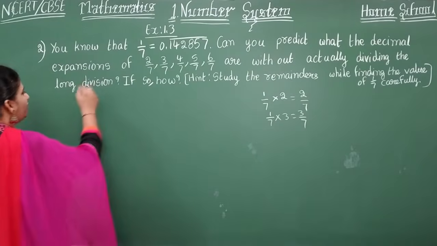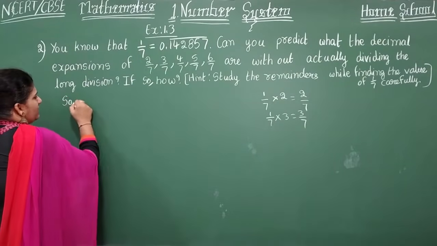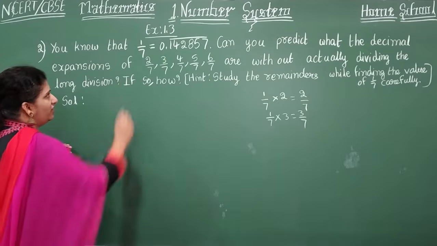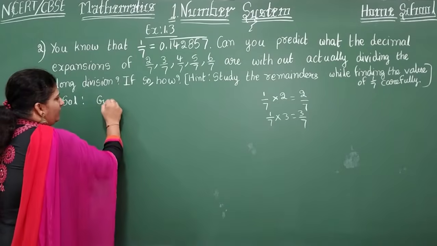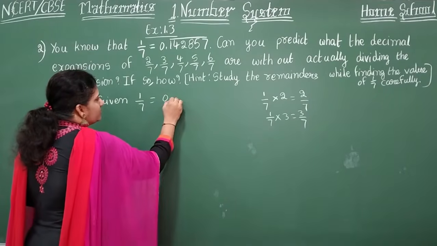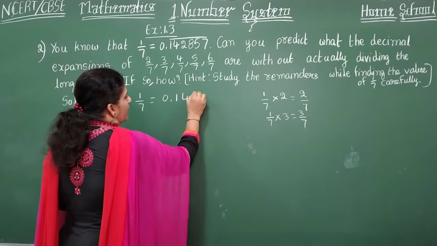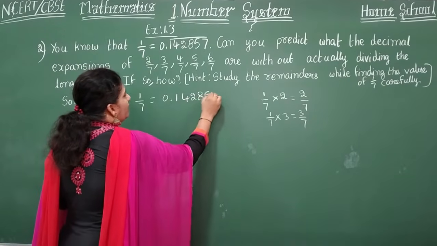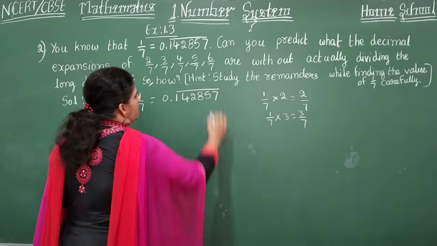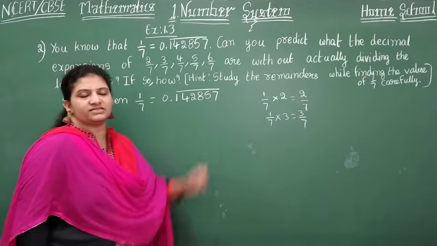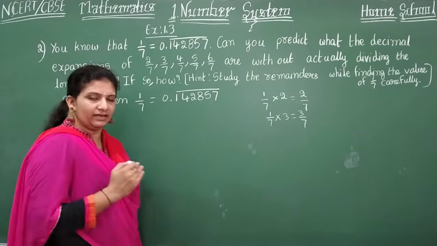Shall we start your solution here? So look here carefully. Let's start our solution here. That is, given 1 by 7 is equal to 0.142857 bar, where these digits are repeating again and again.